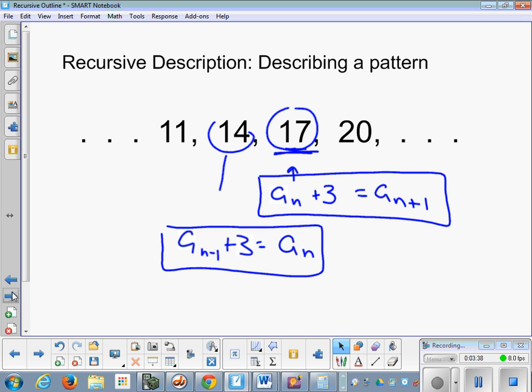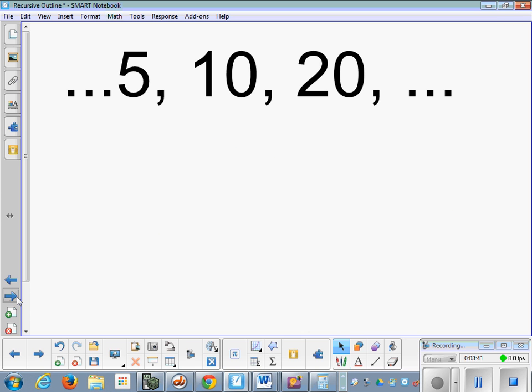All right, let's try this one more time. 5, 10, 20, I'm looking for a pattern. It seems to me that my pattern here is I'm multiplying everything by 2. I don't know what number term this is, so I'm just going to call this the nth term.